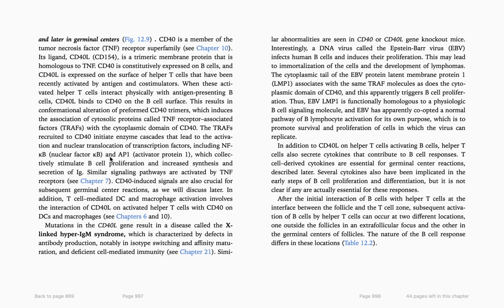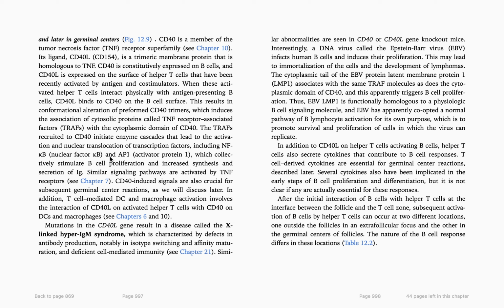When these activated helper T cells interact physically with antigen presenting B cells, CD40 ligand binds to CD40 on the B cell surface. This results in conformational alteration in preformed CD40 trimers, which induces the association of cytosolic proteins called tumor necrosis factor receptor associated factors (TRAFs) with the cytoplasmic domain of CD40.